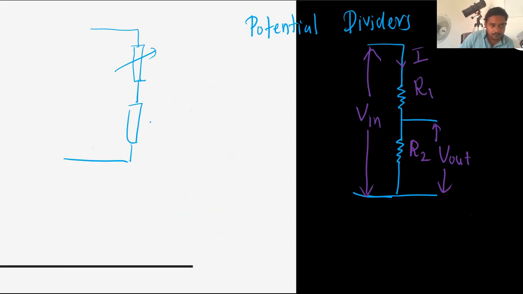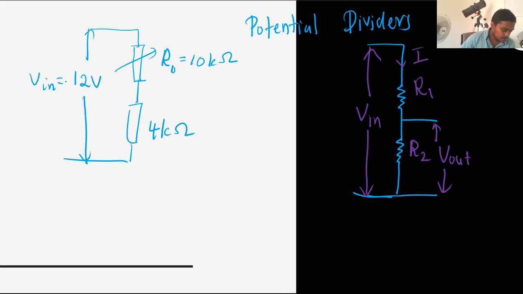And it is 4 kilo ohm. Initially R naught is at 10 kilo ohm. And 12 volt is the supply, that means V in is 12. You have to calculate the potential across this one, which is V out.